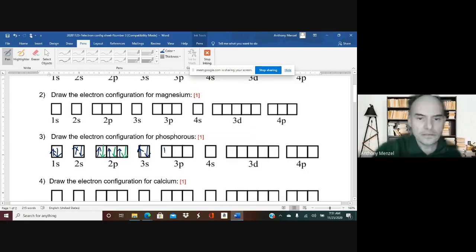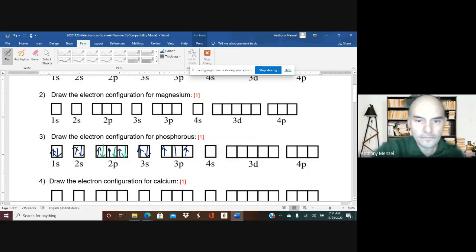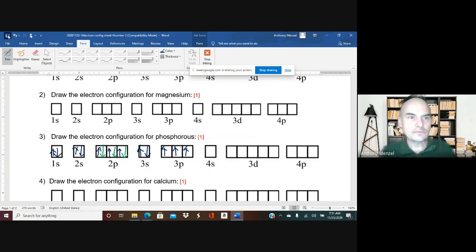So we're going to go 1 up, 2, and 3. So just like this one. And that actually gives us 15. So in this one, there are no down arrows. And that is how you would complete number 3, which was the homework.